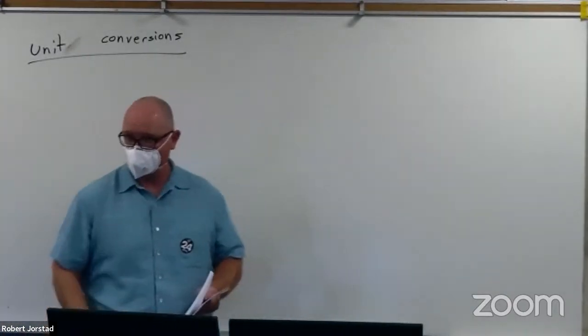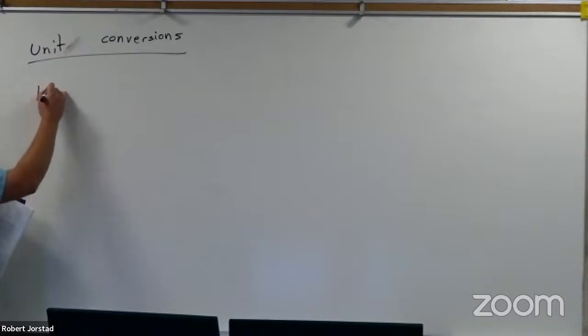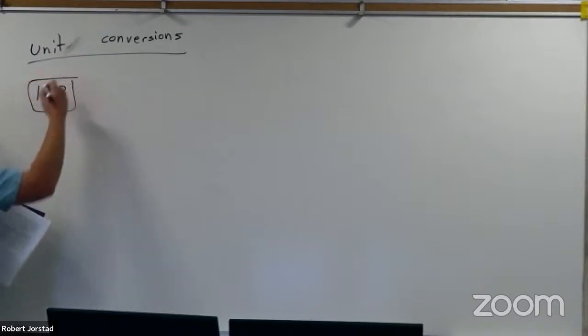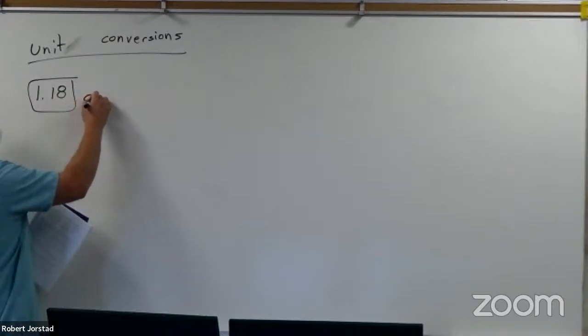Others? All right. I know you've seen some of this before. Look at page 9 and you can see examples 1 and 2. For now, I'm going to skip to problem 1.18, because I think you're supposed to know at least a little of this. But if you have trouble, let me know later. Let's try 1.18a.